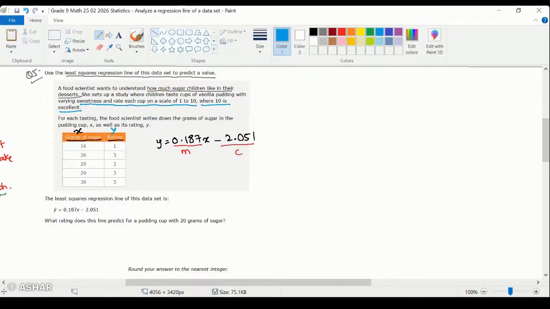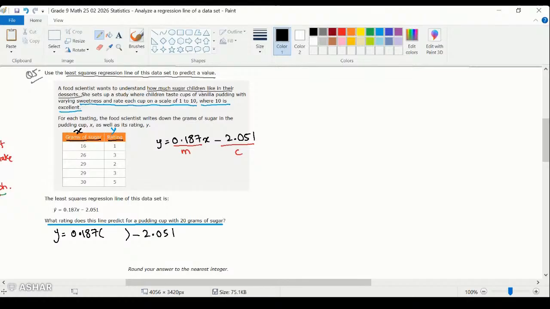We have been asked to find what rating does the line predict for a pudding cup with 20 grams of sugar. So grams is the value of x. So what we would do is simply substitute the value of x into this.